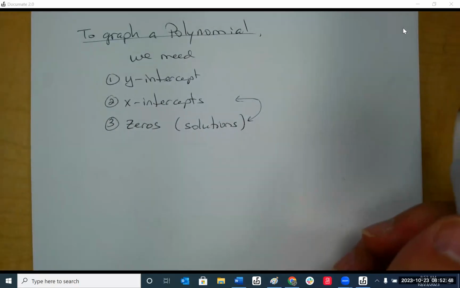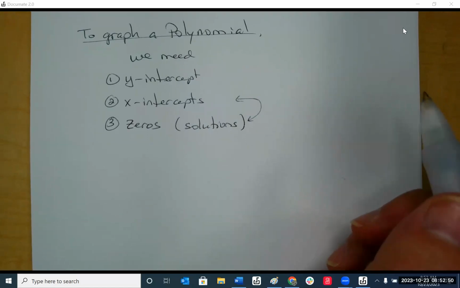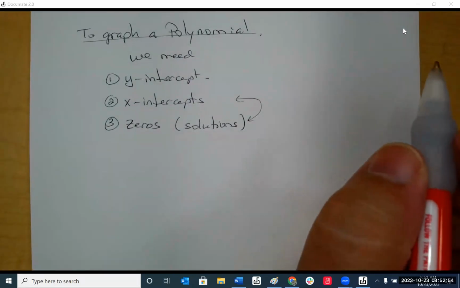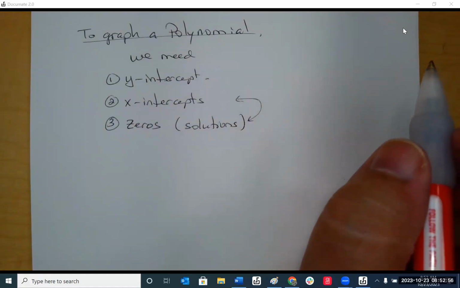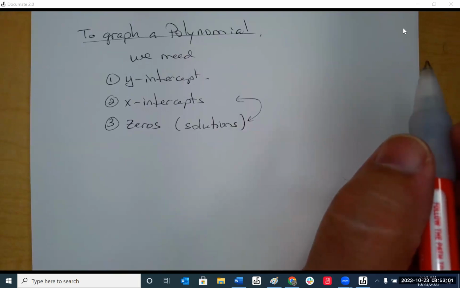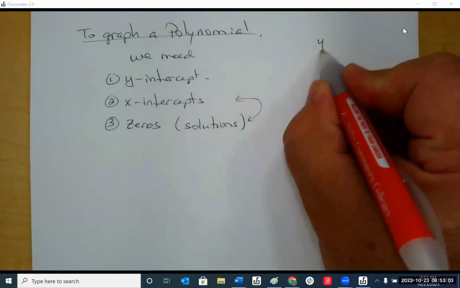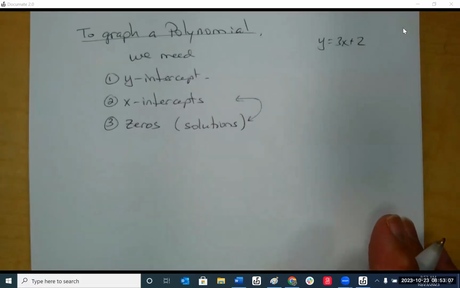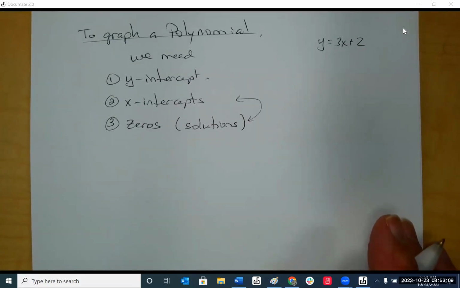What's the y-intercept? How do we know the y-intercept of a polynomial? What's the y-intercept of that equation?